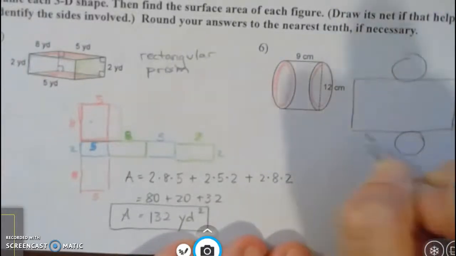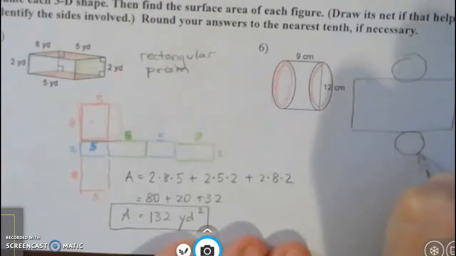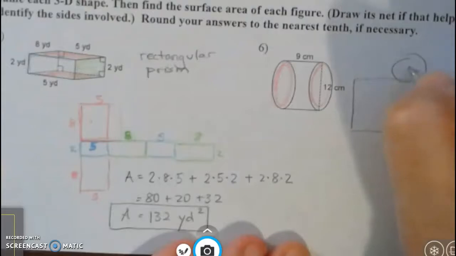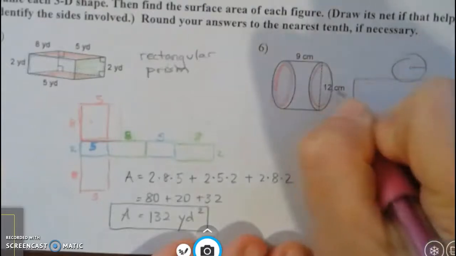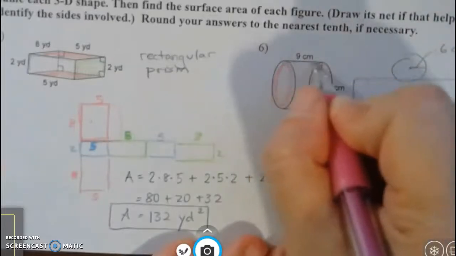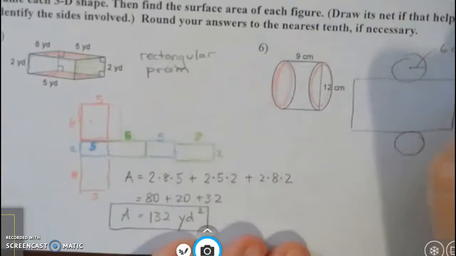And again, the length of this rectangle wraps right around the circle, no more or no less. The diameter is 12 centimeters, that means the radius is going to be 6 centimeters. And the height, this length, is 9 centimeters.